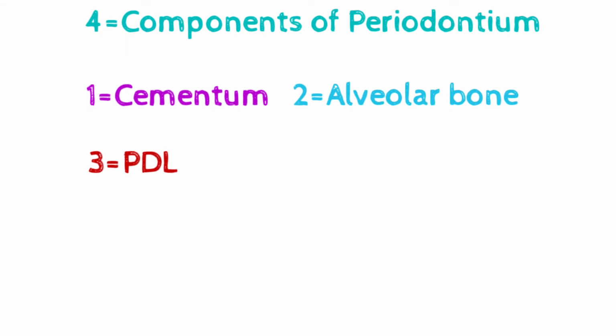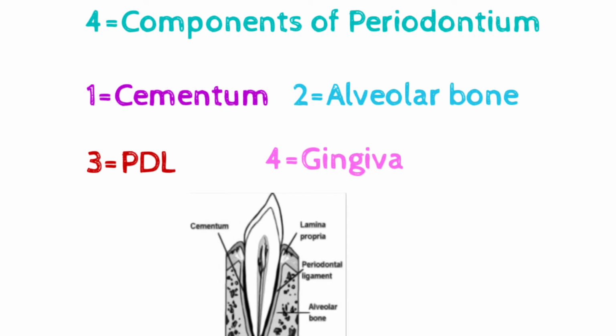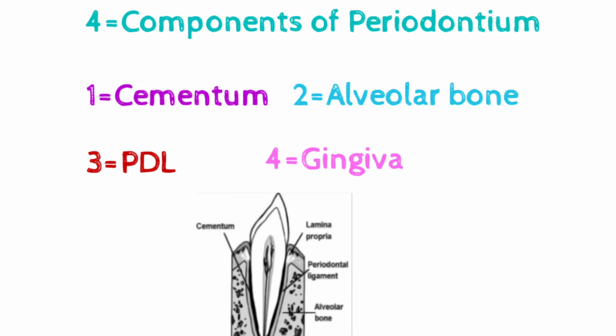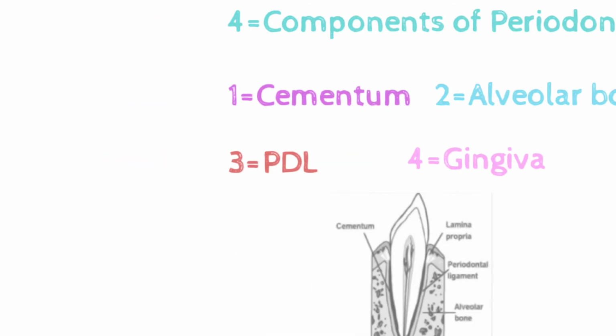The third is the PDL, periodontal ligament, and the fourth is the gingiva. Now come to the diagram of components of periodontium: cementum, periodontal ligament, alveolar process, and the part of gingiva facing the tooth.